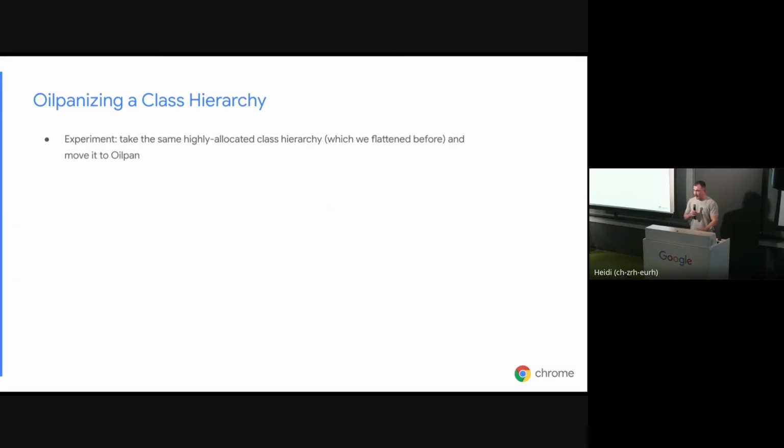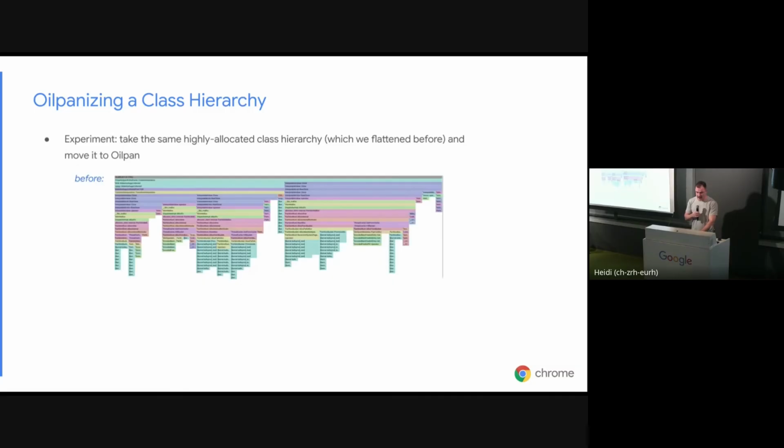Right, so we decided to run an experiment. Actually, I decided it not a long time ago, a couple of weeks ago. We take the same highly allocated class hierarchy, which we just flattened before, the very same class hierarchy, and we move it to the managed world. This is the flame graph of the frame that allocates a lot of such objects.